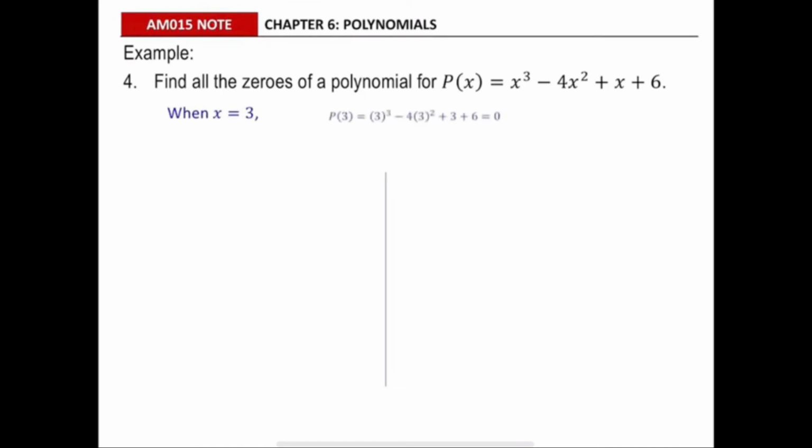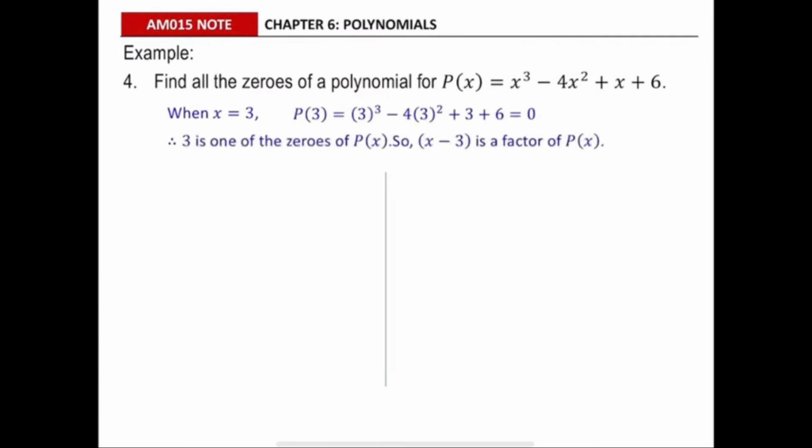We substitute 3 into the polynomial and show that the value is 0. Then make a conclusion. Since 3 is one of the zeros, x minus 3 must be a factor of P(x). Now we do the long division where the factor is written outside and the polynomial on the inside.